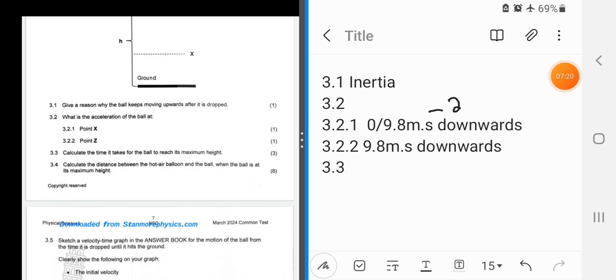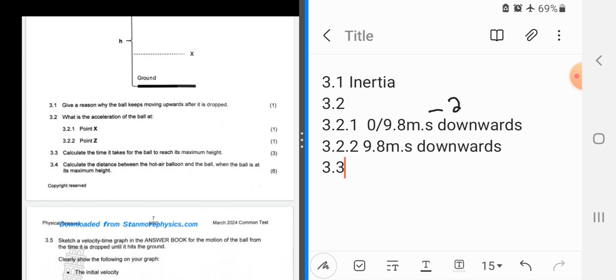All right, let's look at 3.3. It says calculate the time it takes for the ball to reach its maximum height. So you have to calculate time.